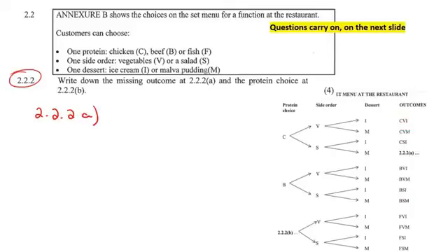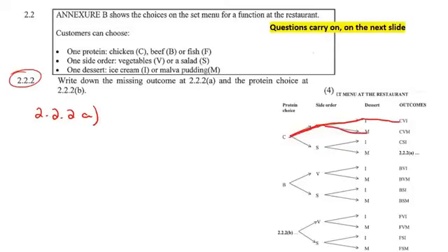So for example, if you start here chicken and you go up to vegetables and then you love your ice cream, then look at your path. CVI. Or maybe you went chicken, salad, and I over there. So that would be CSI.